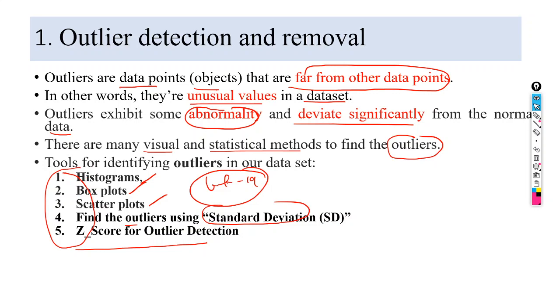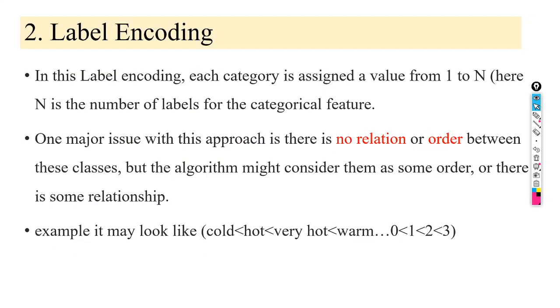Then label encoding. In label encoding, each category is assigned a value from 1 to n, where n is the number of labels for the categorical feature.